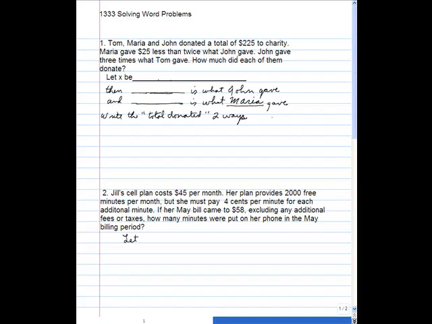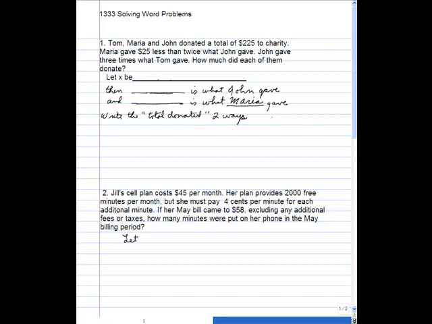Now it says in the second line, Maria gave 25 less than twice what John gave. So if I let x be what John gave, then Maria's gift would be 2x minus 25. Remember that less than is a reversing phrase, so the 25 would have to go last. But if John gave x, John gave 3 times what Tom gave.